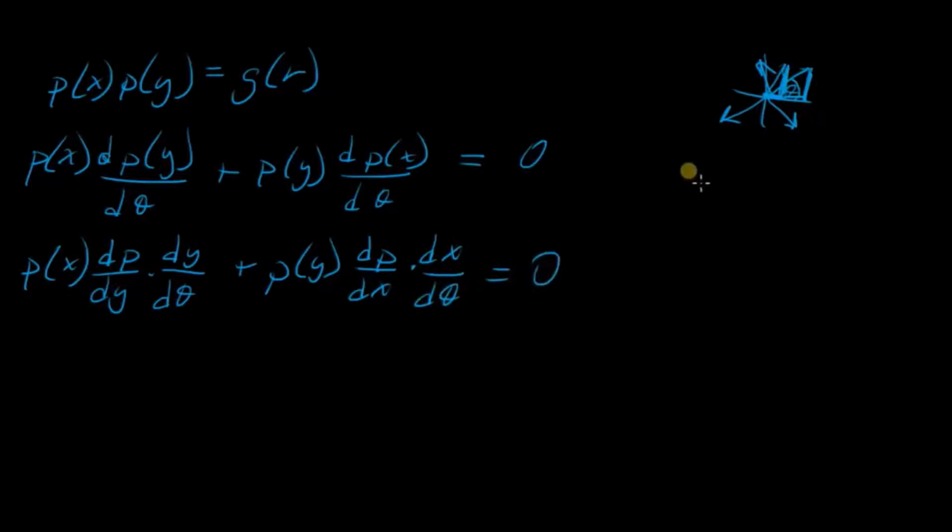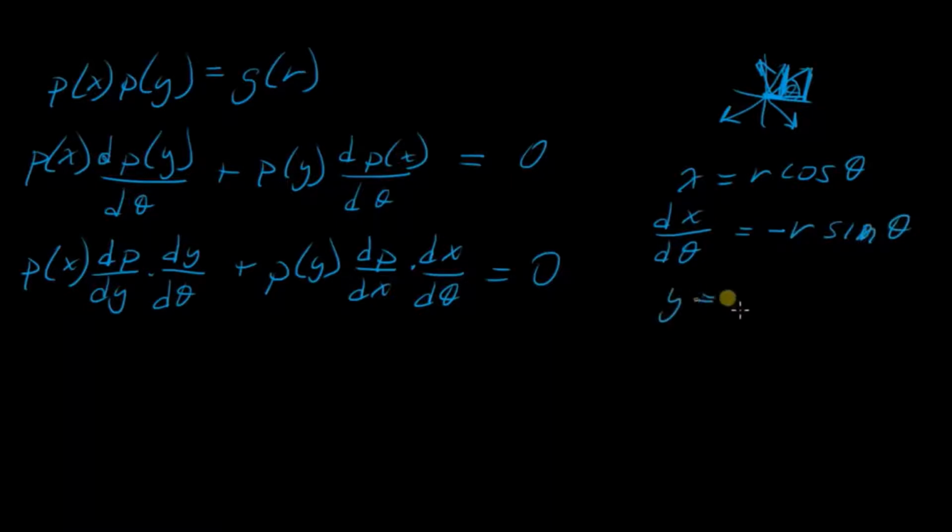And now we're going to make use of these identities. x equals r cosine theta, so we know dx/dθ would be negative r sine theta, and then y equals r sine theta, and so dy/dθ would be r cosine theta. So we're just going to use this to make substitutions in here.